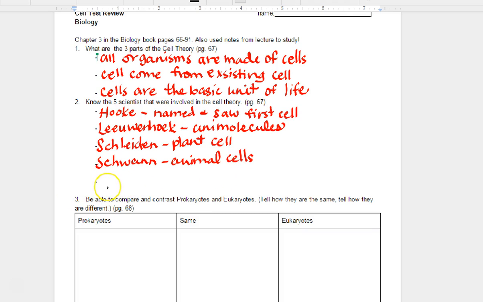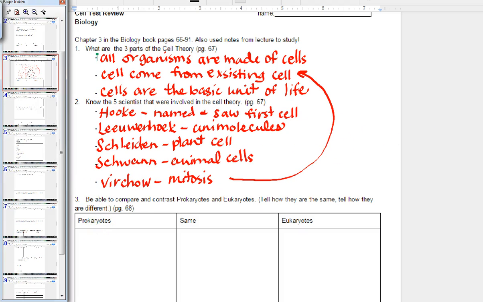And then our last one was Virchow, and he kind of settled the ongoing debate of the last bit of the cell theory, like where are these cells coming from? Are they just popping up? Do they just come from nowhere? He is the one that understood this process of mitosis, that cells come from existing cells. And that's how we grow and reproduce.